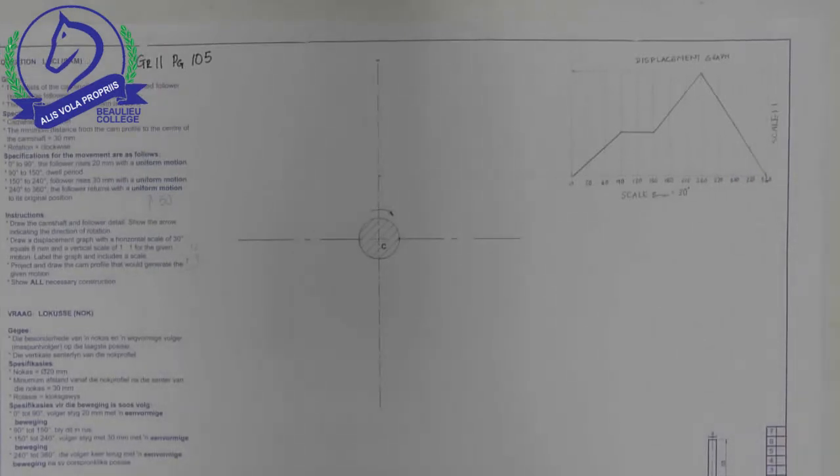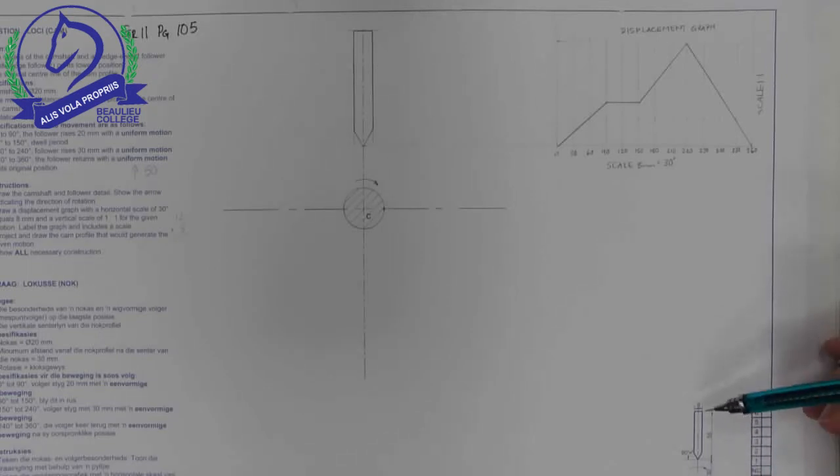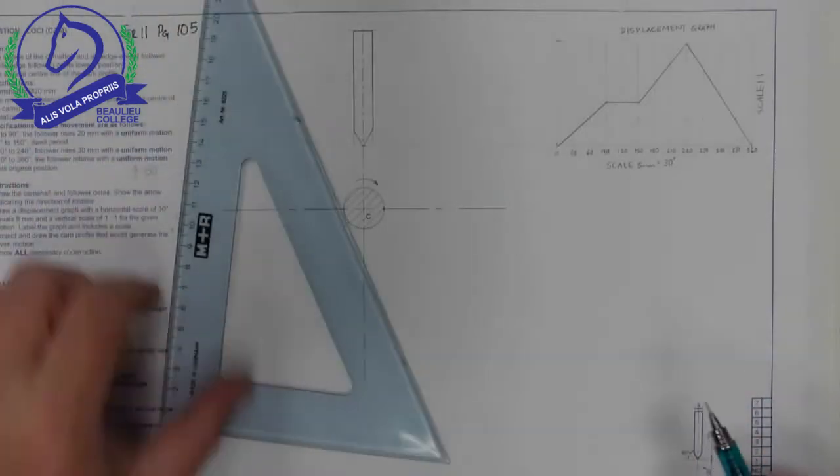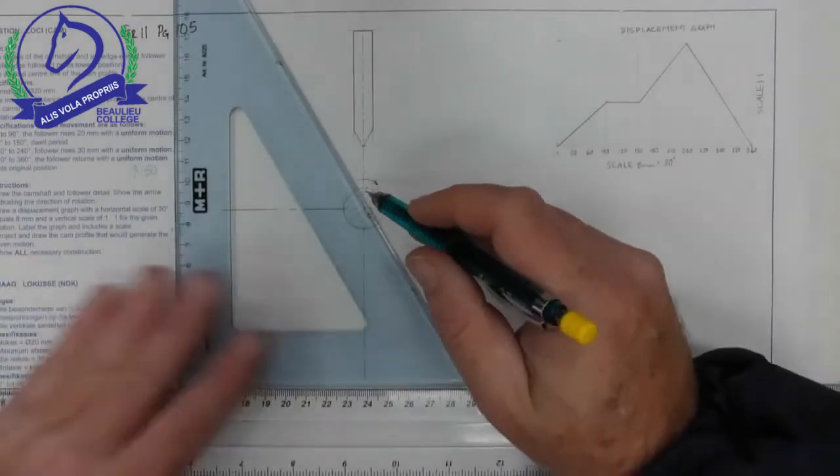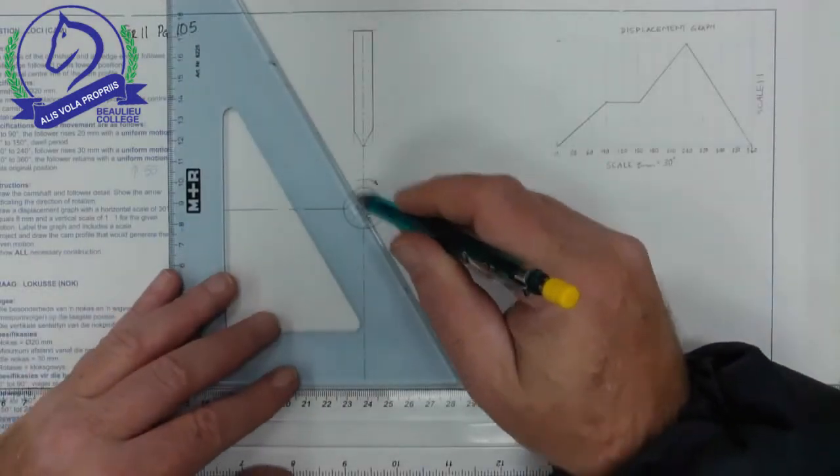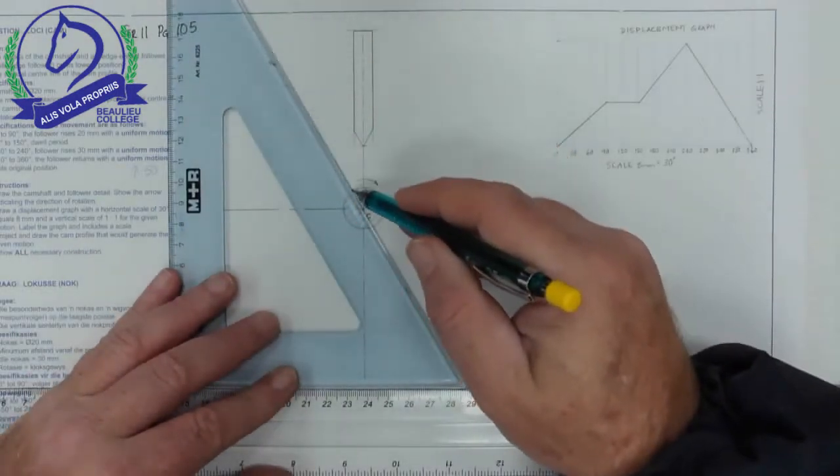Now let's draw the follower. There is my follower drawn in to the specifications down here at the bottom. Now our next step will be to put in our pizza slices and label them.